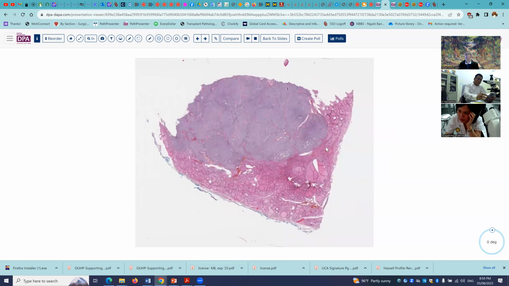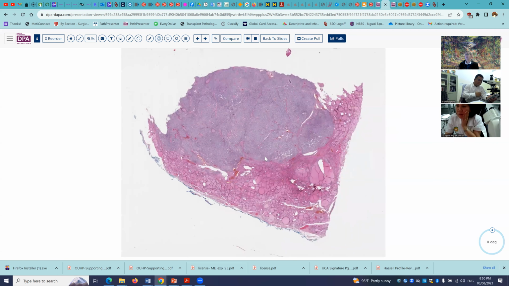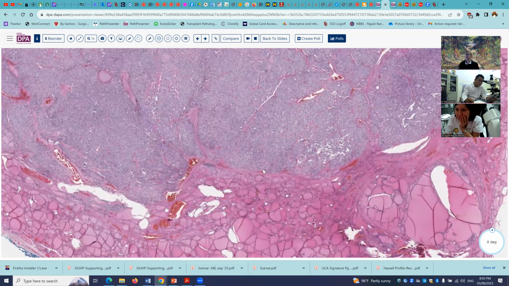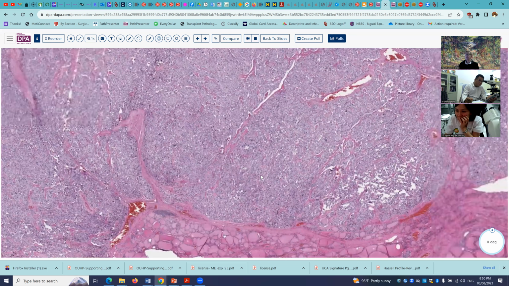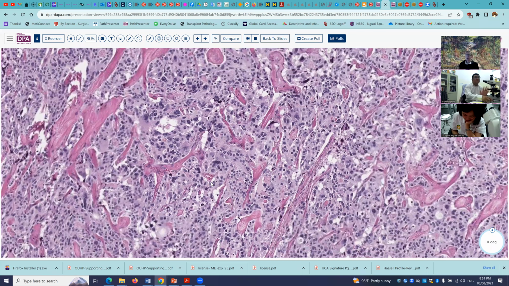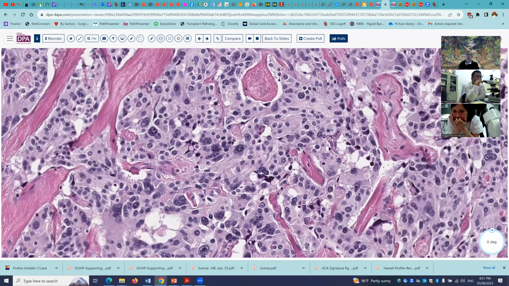So here's a nice example with surrounding thyroid, and we see this somewhat bluish tumor with some of the cytologic atypia we see here. So this looks a little bit like the paraganglial tissues that we looked at to begin with. We see some nesting, some spindle-shaped cells, and so forth.